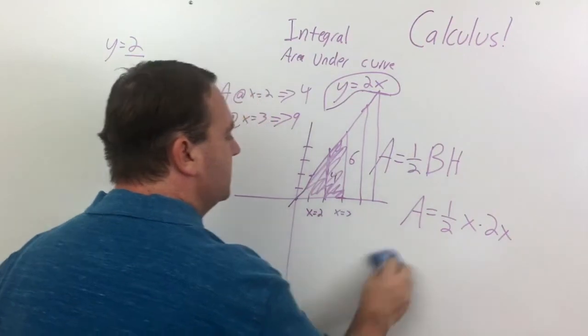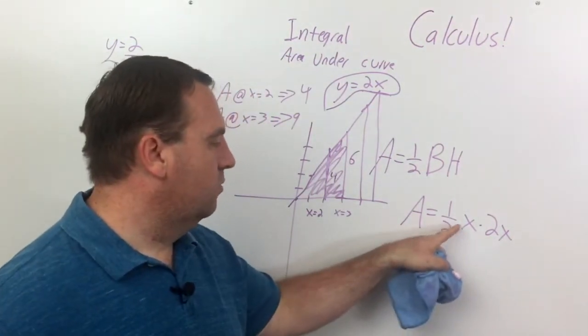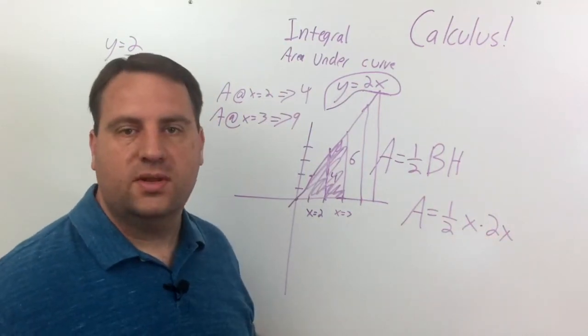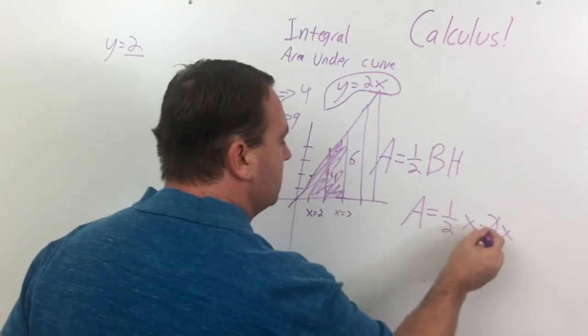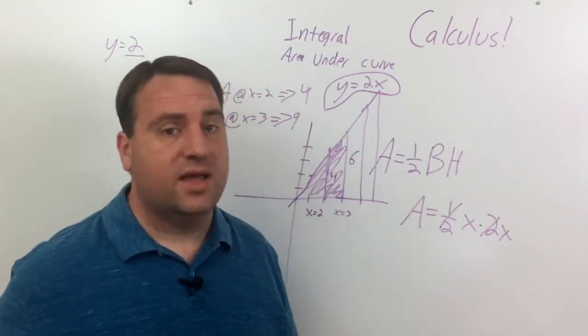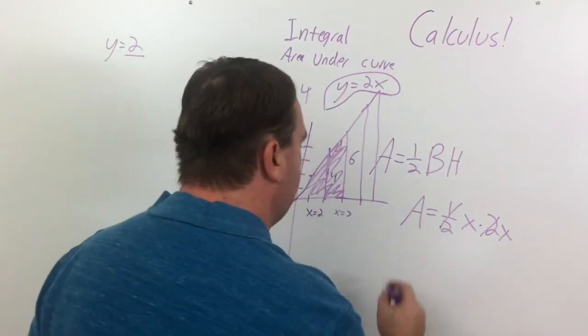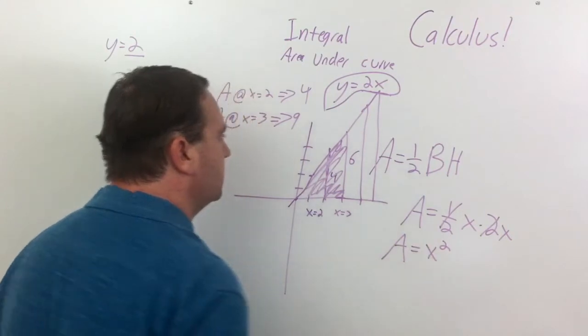Now, is there a way to simplify this? Well, yes, there is. We can rearrange this. We can give it 1/2 times 2. What is that? 1/2 times 2? That's 1, so that goes away. These cancel each other, and then I'm left with x times x. Well, what is x times x? It's x squared. So the area is equal to x squared.